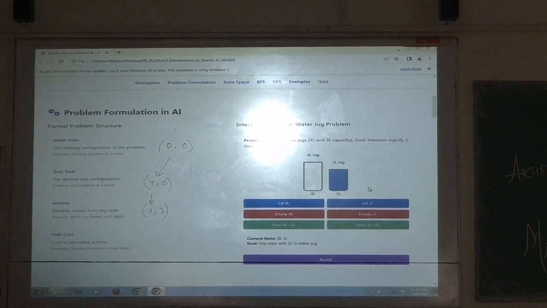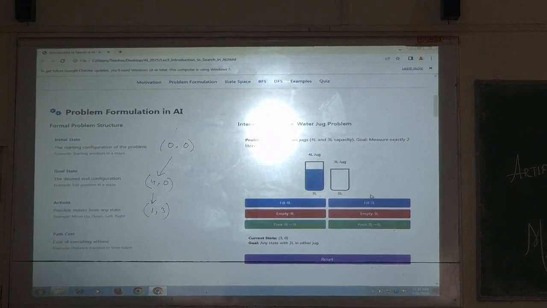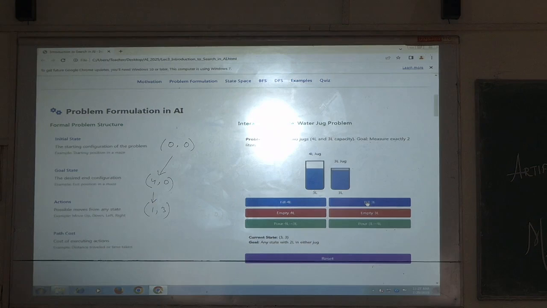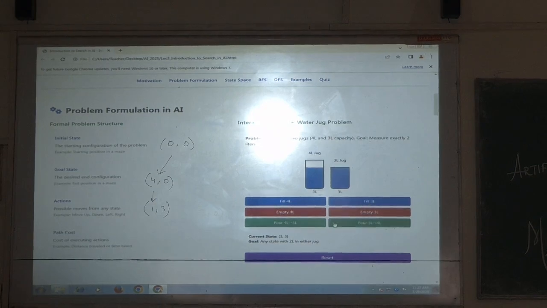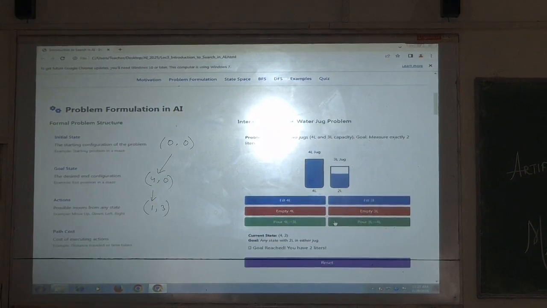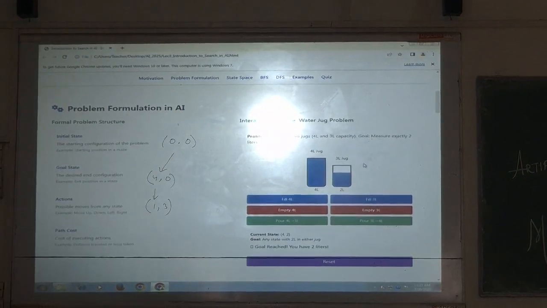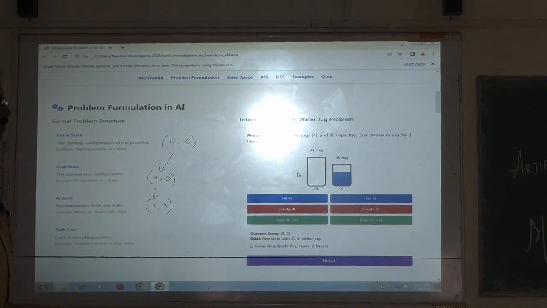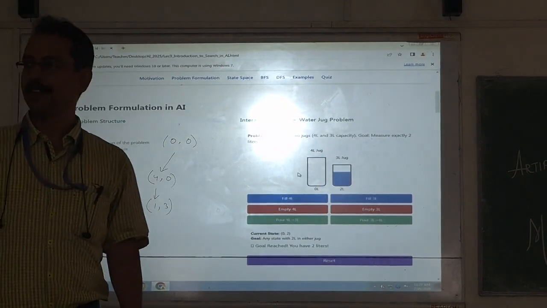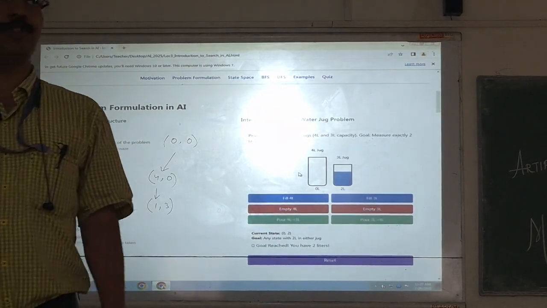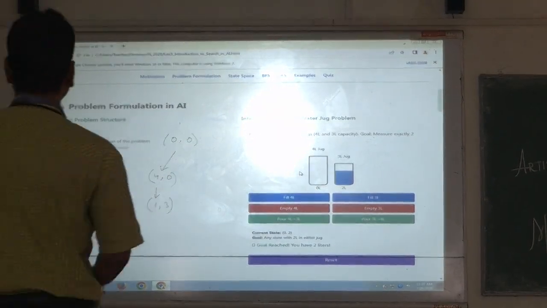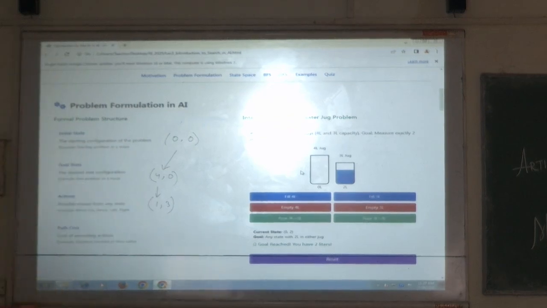Okay, then pour 3 liter to 4 liter. Okay, then did you get it? Anyone? Now you write down the steps, the state space. Just erase that.